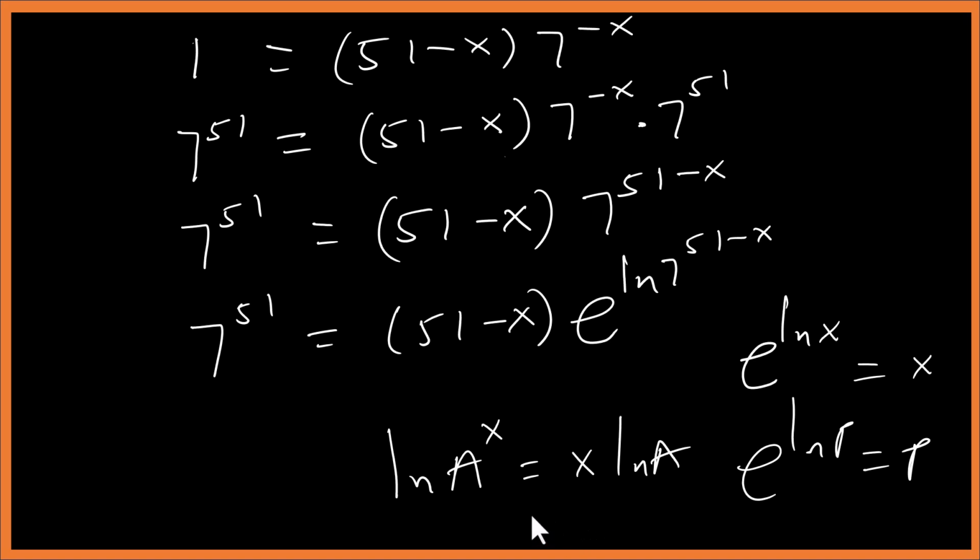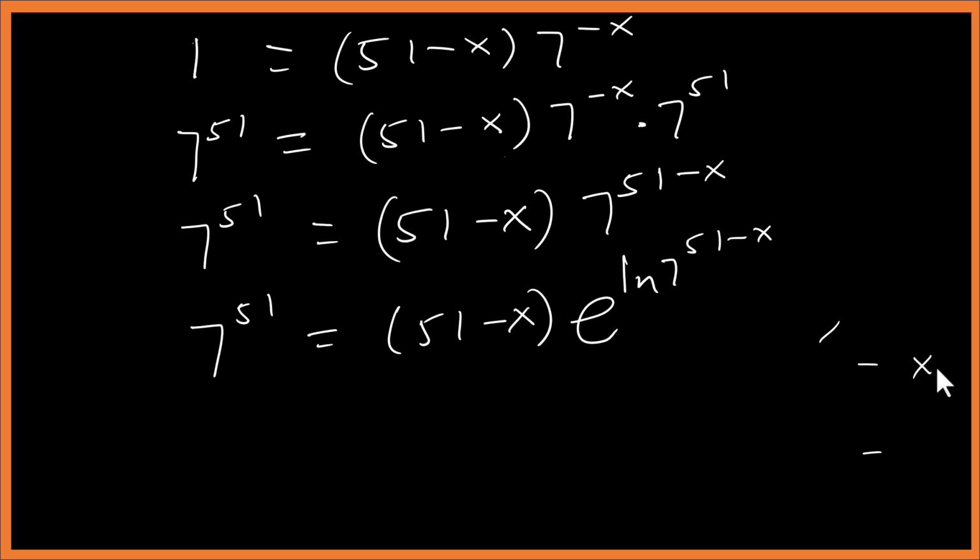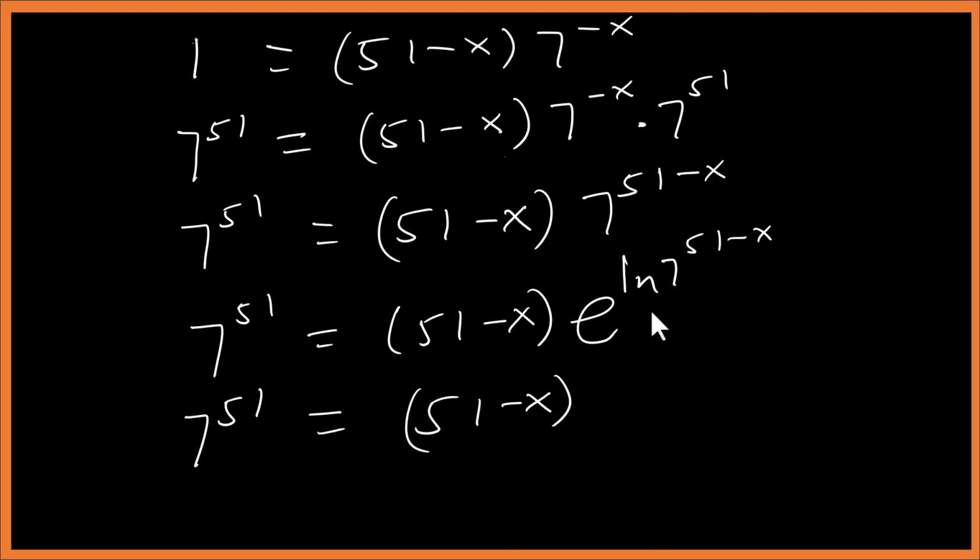So e is raising that, to behave like this. Let's go ahead and express this one. As per the rule, we have 7 raised to 51 equals 51 minus x, and e raised to 51 minus x ln of 7. Now remember our rule.